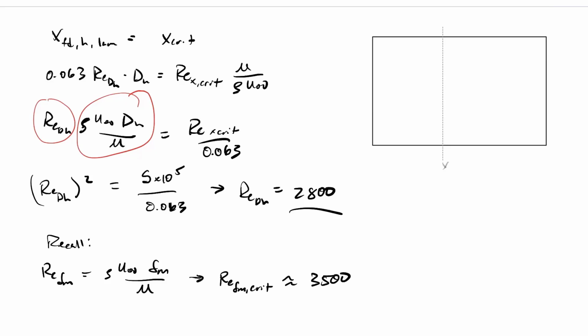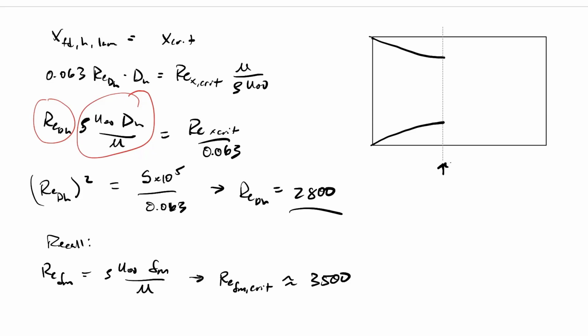Let's draw the boundary layers as we're growing here. We have some boundary layer that's growing. Let's say at this point, this is the point at which we become turbulent.